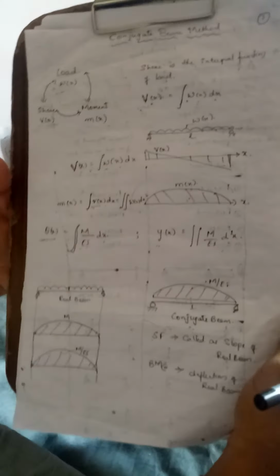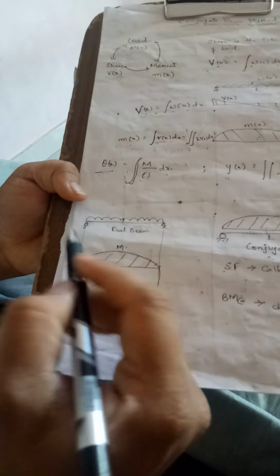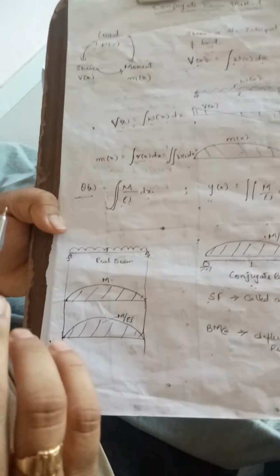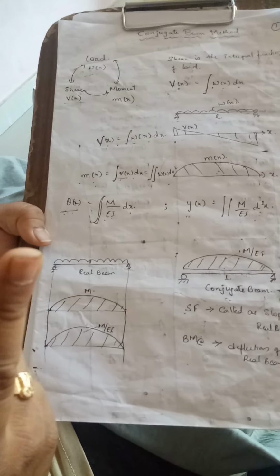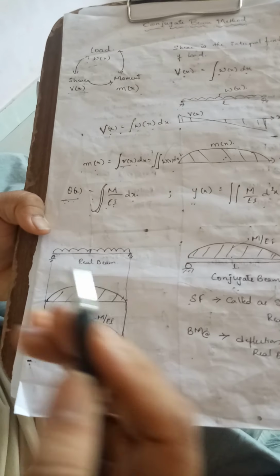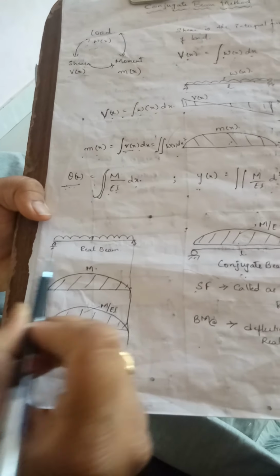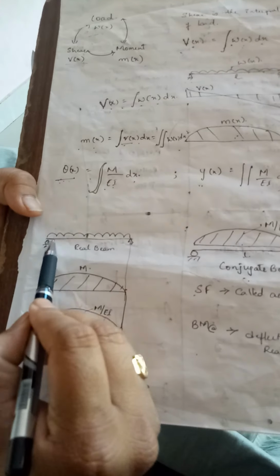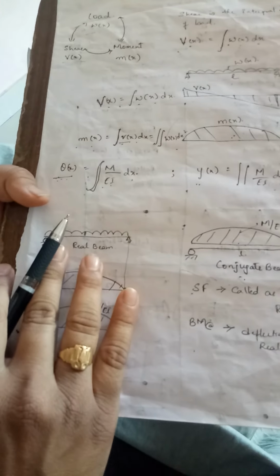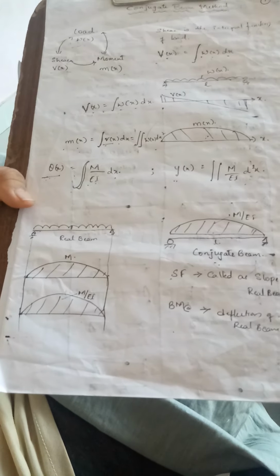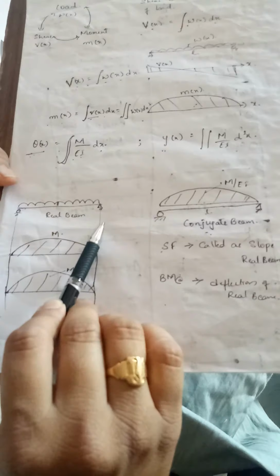So now I go to the concept. The problem which is given as a questionnaire is the real beam. In the conjugate beam method, we have two types of beam: one is the real beam, one is the conjugate beam. The conjugate beam I will tell you later. What is the real beam? The real beam is the beam with the loads and supports, the complete question. The problem given in the question paper is the real beam.